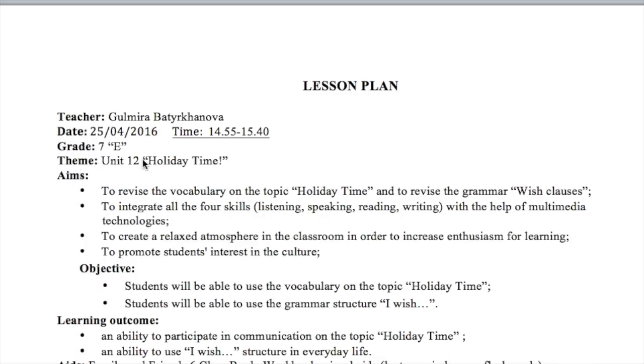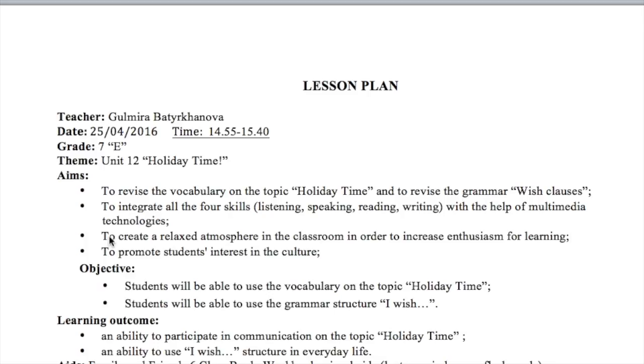In my plan, as you see, the topic of the lesson is called holiday time, and you're going to have another topic. And as you can see in the aims in my plan, there are 4 aims, and you can add some other aims just as well.